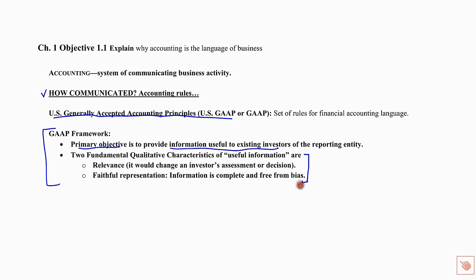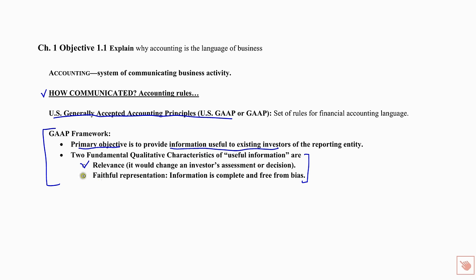and the next part of the framework is that the information should be relevant. So either it would change an investor's decision or at least improve their assessment. Sometimes you get information that makes you change your mind. Other times you made a decision without it and you were pretty confident, but you weren't sure. You may make the same decision, but now feel more confident about it.